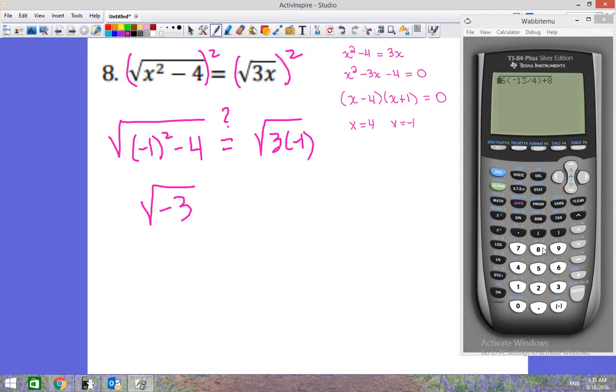And yes, when we go into complex numbers we'll be able to look at the square root of negative numbers, but when we're solving these radical equations, we're working within the set of real numbers. So even though in terms of complex numbers 3i does equal 3i, within the set of real numbers we're going to say, hey, there's no real solution. You have to go to the set of complex numbers to have a solution to this equation.